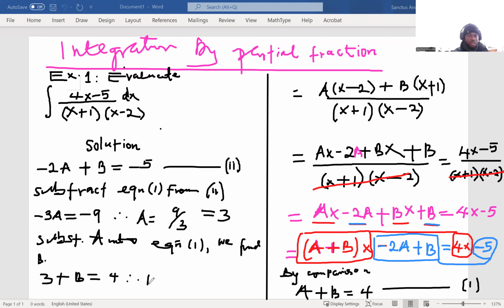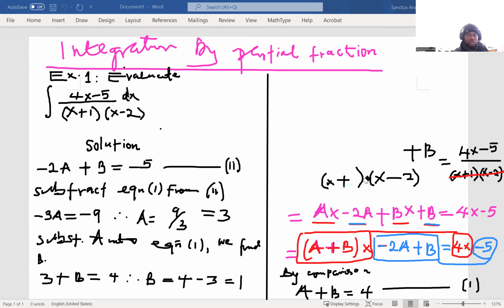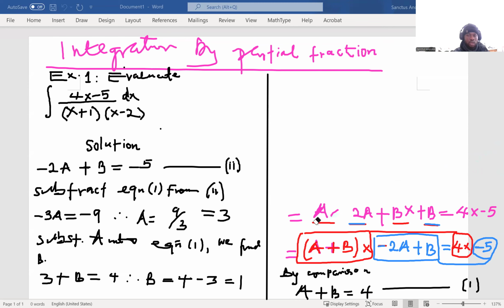So therefore, b is equal to 4 minus 3, which is 1. So we fall back to our partial fraction. Any part you don't understand, please let me know. Okay? Then I'll come in and do it together.